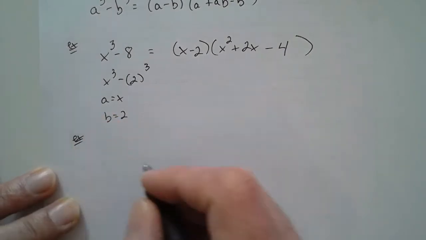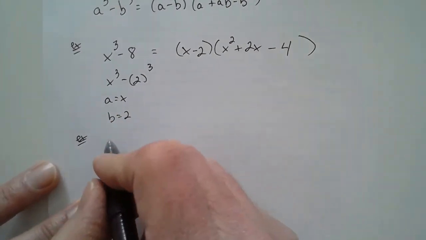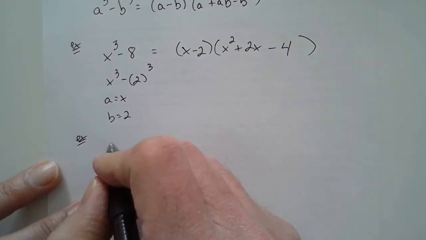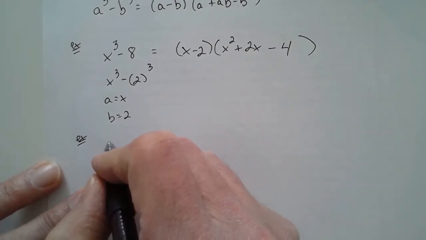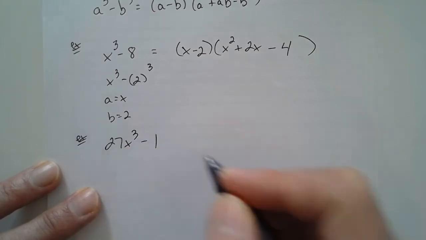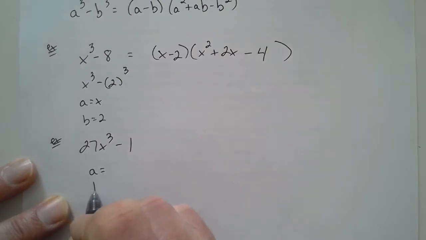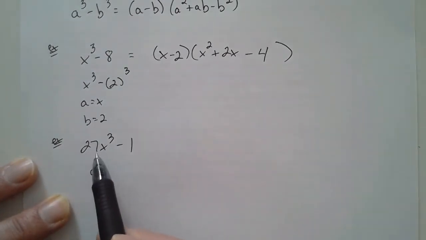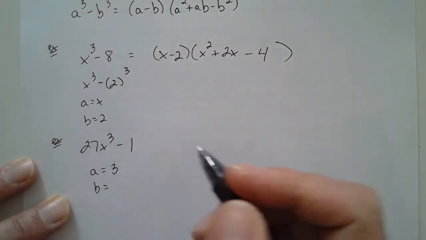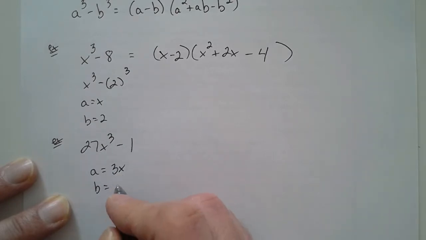Another example could be, there aren't that many examples, so I'll say 27x cubed minus 1. Okay, so recognize what a and b are. What do I cube to get 27x cubed? Well, the cube root of 27 is 3. Cube root of x cubed is just x, so it's 3x, and cube root of 1 is 1.